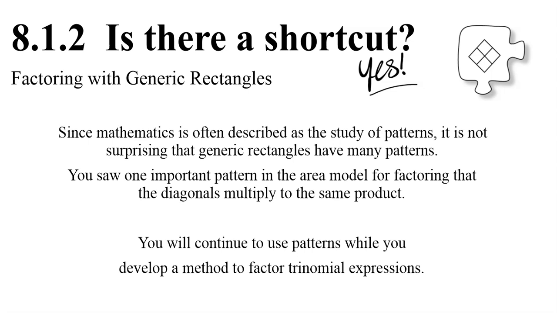Since mathematics is often described as a study of patterns, it is not surprising that generic rectangles have many patterns. We saw one important pattern in the area model for factoring: the diagonals multiply to the same product. We did that in the previous video.